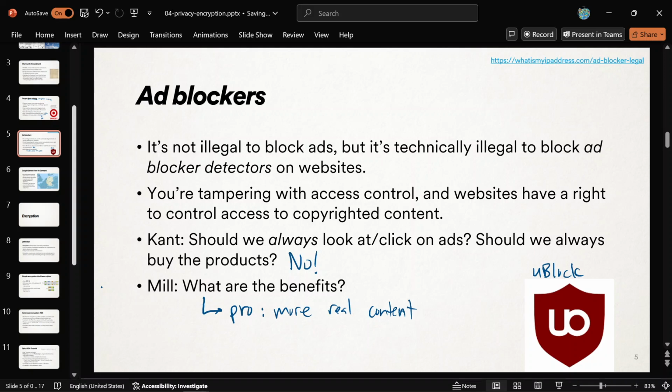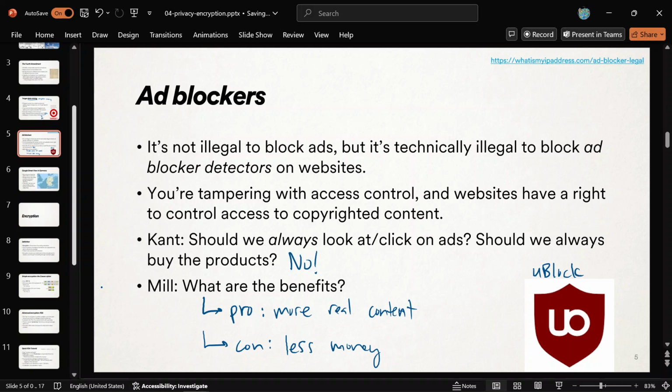The flip side of that would be from the perspective of the website owners. There's a huge con for the website owners that are trying to show you these ads that you are blocking and aren't even being downloaded. They get a lot less money. Ads are a way to make money. They make a tiny amount from just showing you the ad, and even more money if you click on that ad.